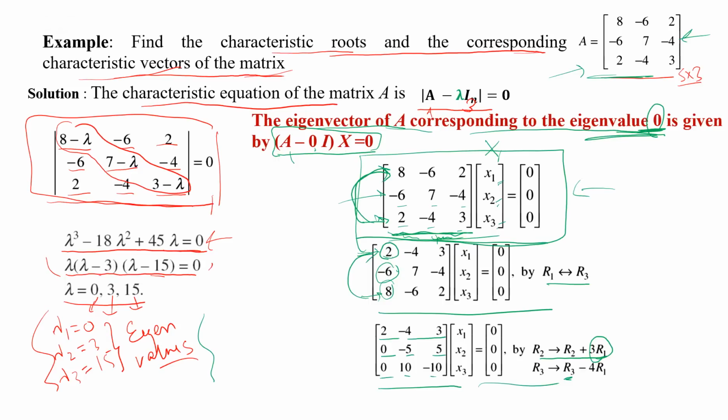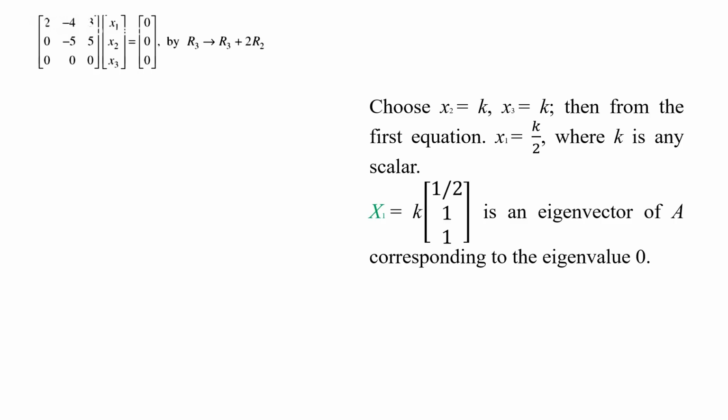Now by the help of row r2 we search the leading element, the second row non-zero element, that is minus 5, and make the element below it 0. We apply r3 plus 2 times r2, so we obtain 2, minus 4, 3; 0, minus 5, 5; 0, 0, 0.